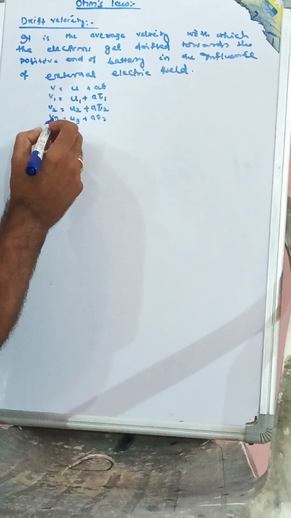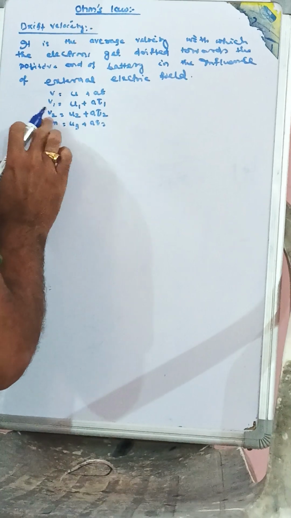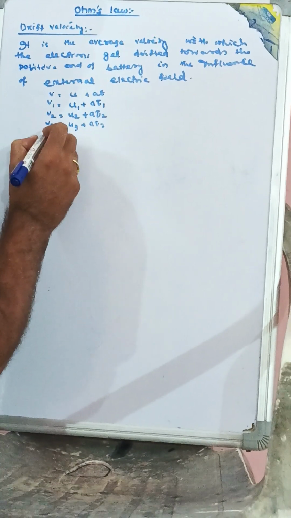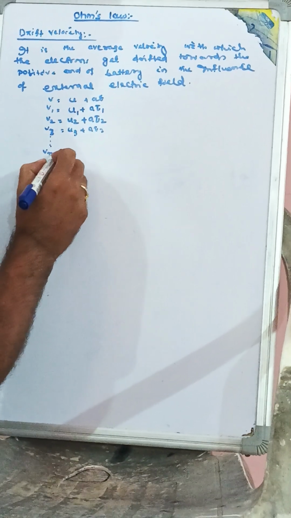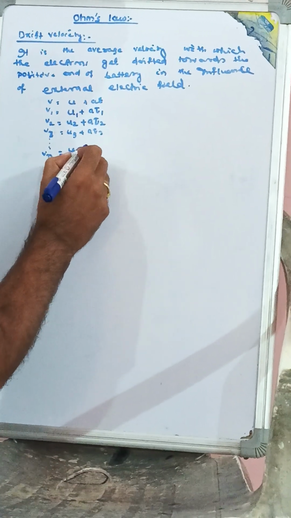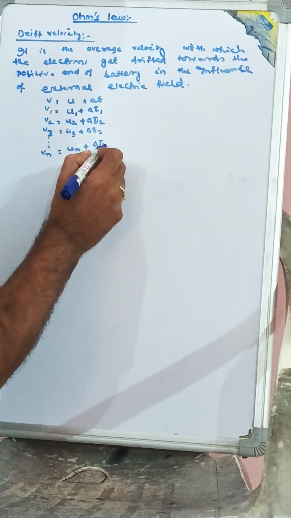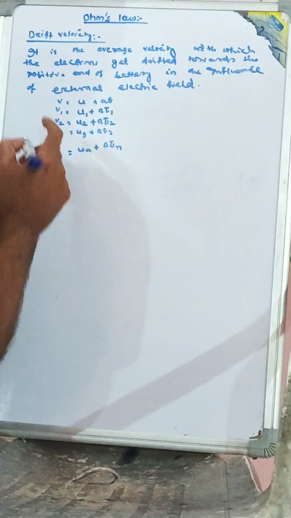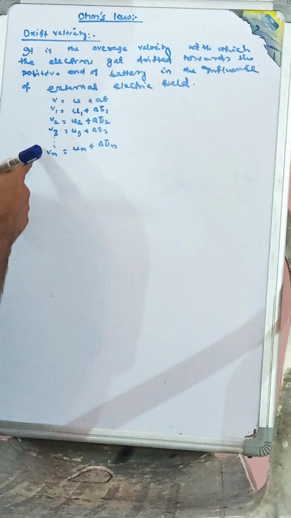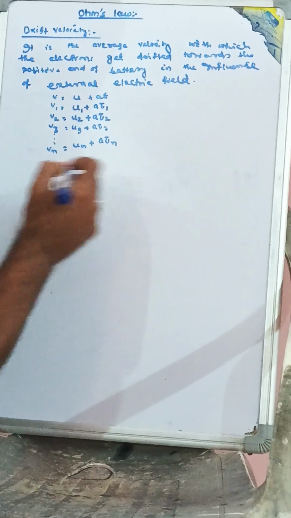Then we add these up to Vn. Vn is equal to Un plus A tau n. We add V1 plus V2 plus V3 up to Vn, divided by n, is equal to Vd.